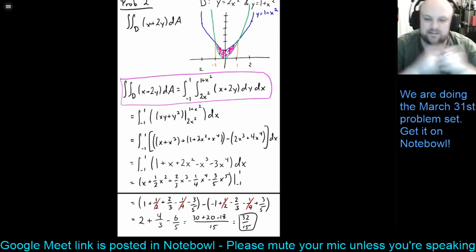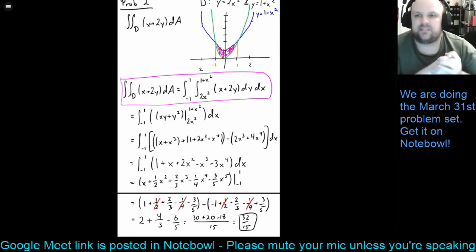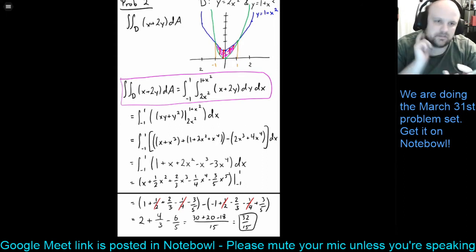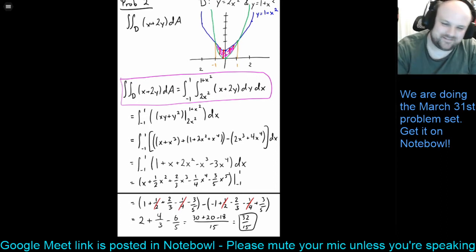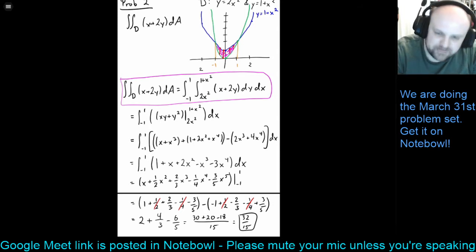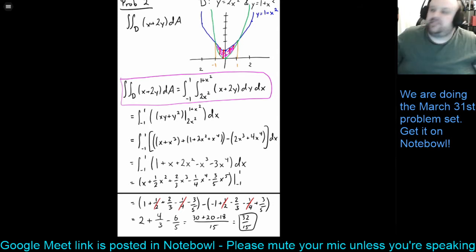And this is why there are some nice questions in the homework on WebAssign. I think I picked up a few of them that have you set up the double integral and don't compute it. Those are great questions, because you really have to know what's going on to do those.